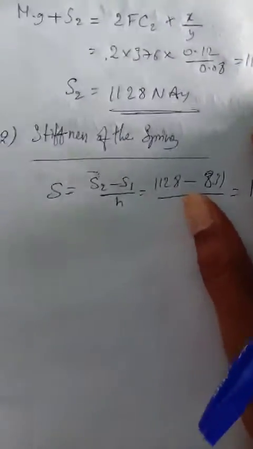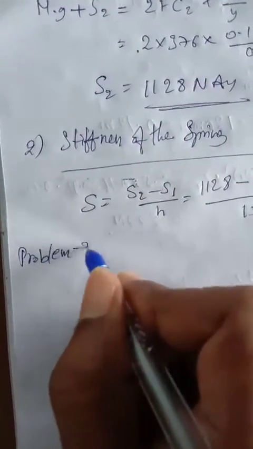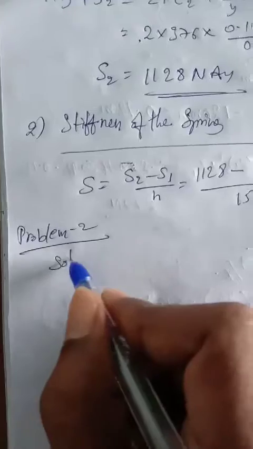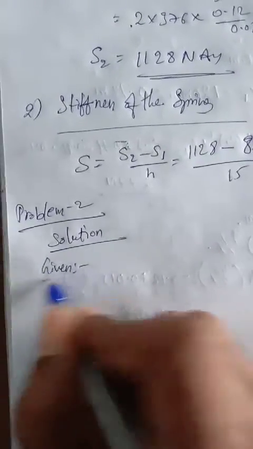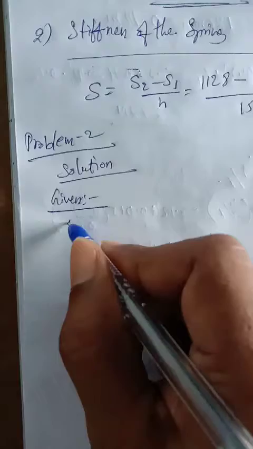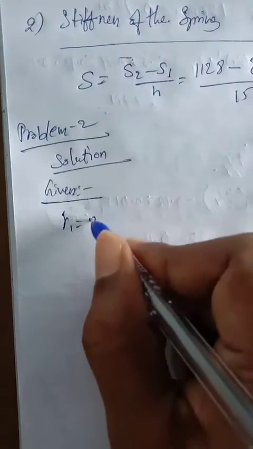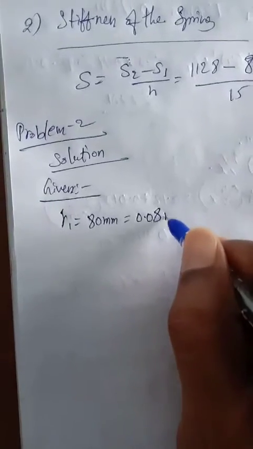Like the previous problem, here we see problem number 2 solution. First I am going to write the given data. R1 is equal to 80 mm, that is 0.08 meter.